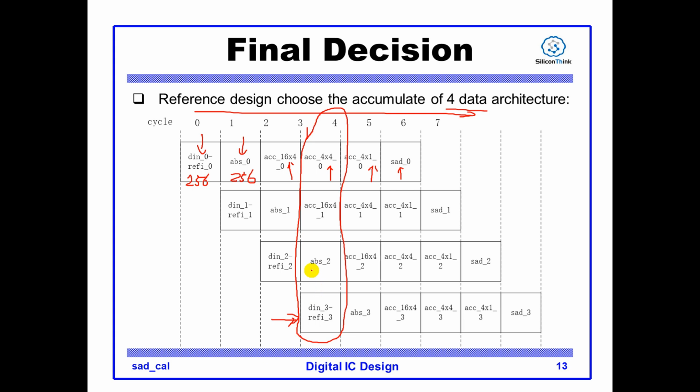The input one cycle before it is at the ABS stage. The input two cycles before is at the first accumulate stage, and the input three cycles before is at the second accumulate stage. For a single cycle, each stage does operations for different inputs.